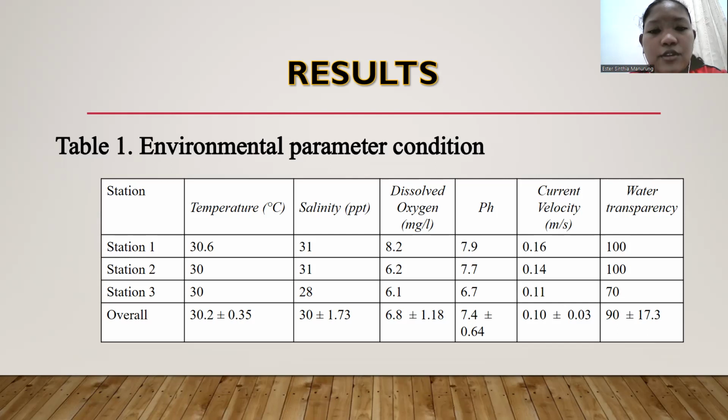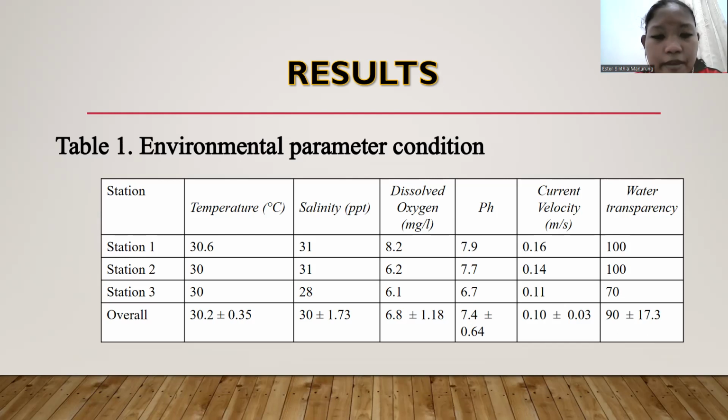Atkinson revealed good coral growth in pH 7.6 until 8.2 and a high nutrient.